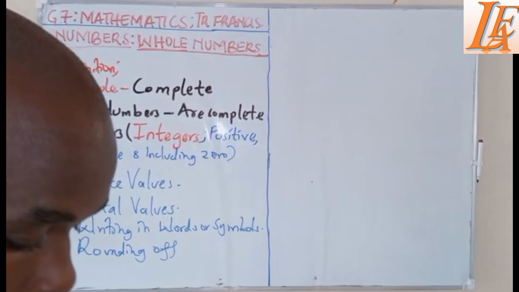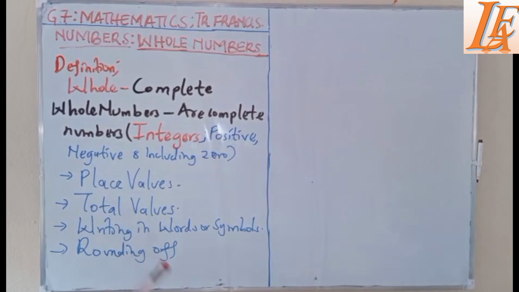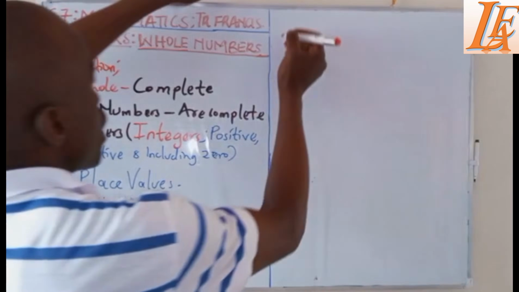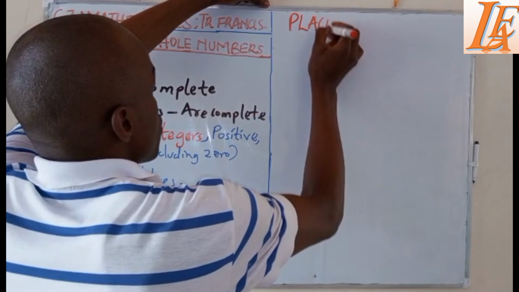Therefore, learner, we proceed and look at the first substrand under this strand, called place value.